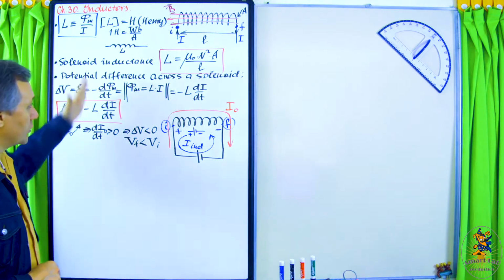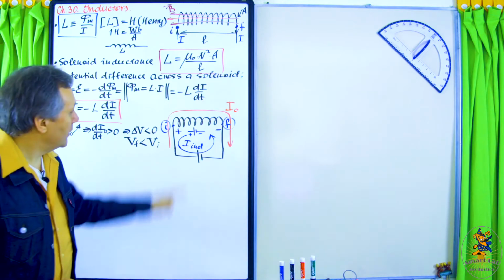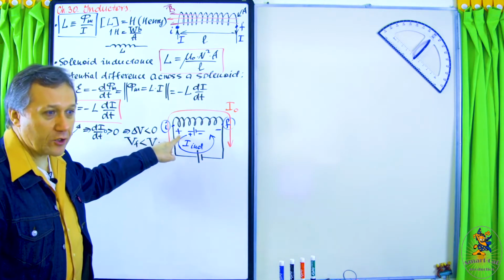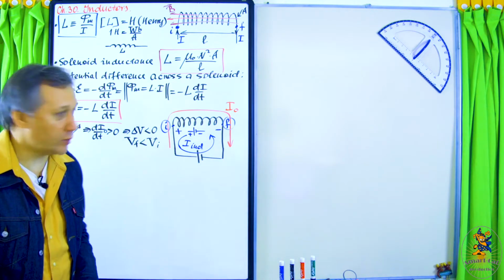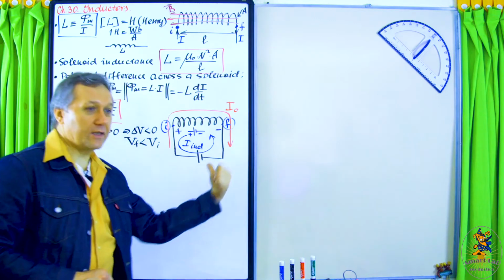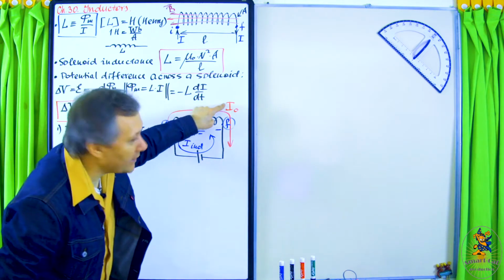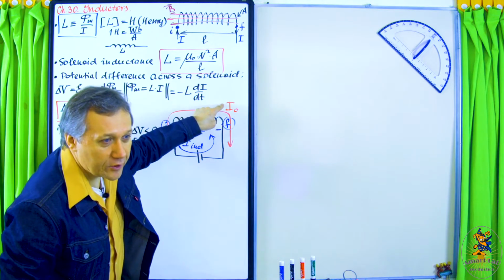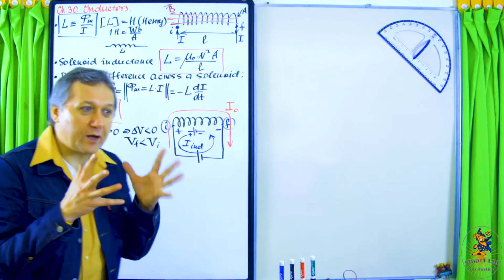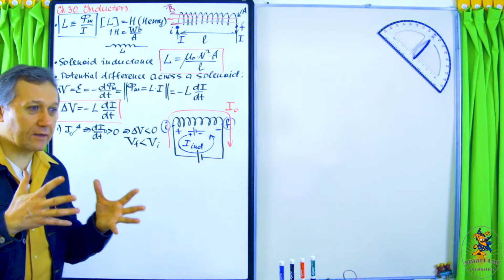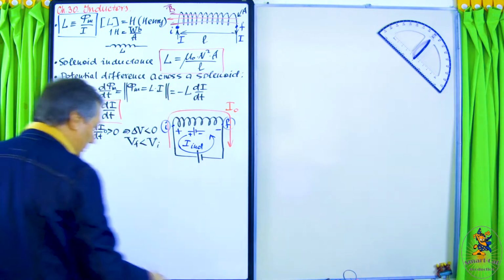So here now current is growing, the solenoid doesn't like it, and it responds by producing higher potential at the entrance of the solenoid and lower potential at the exit, and as a result it drives an induced current, a secondary current, in the opposite direction to suppress the growth of the original current. It's basically again Lenz's rule, but now it's better to state the fact that the solenoid doesn't like when current changes, right?